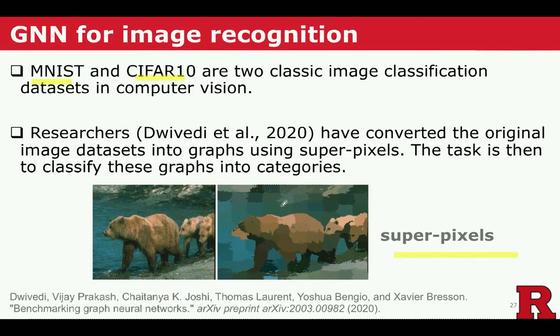So this is an example. This is the original image, and this is its corresponding representation using superpixels. And the task is then to classify this superpixel-based graph into its corresponding image category.